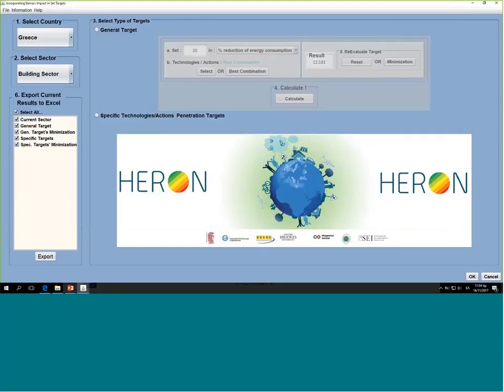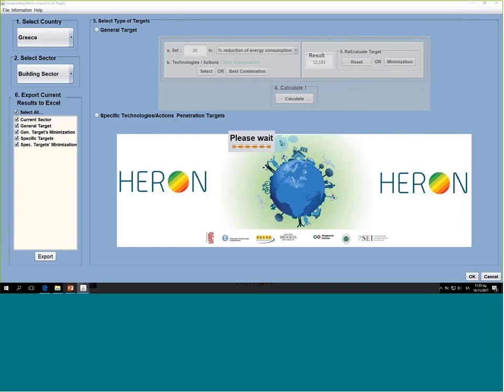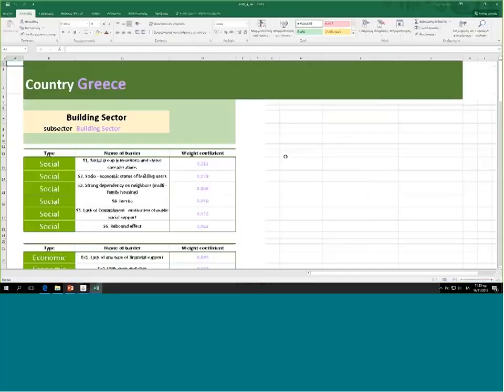So after doing that, the user has the option to have all these outcomes. So if I select to get them, and I write the name of the file, everything is saved. I can open it and see them.